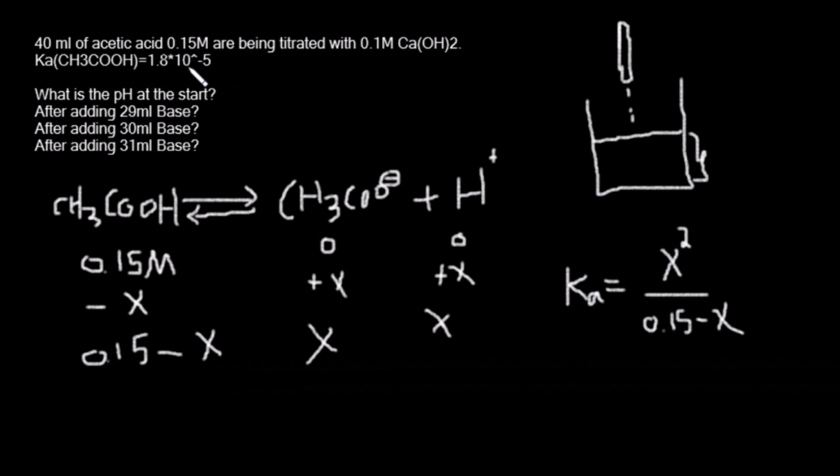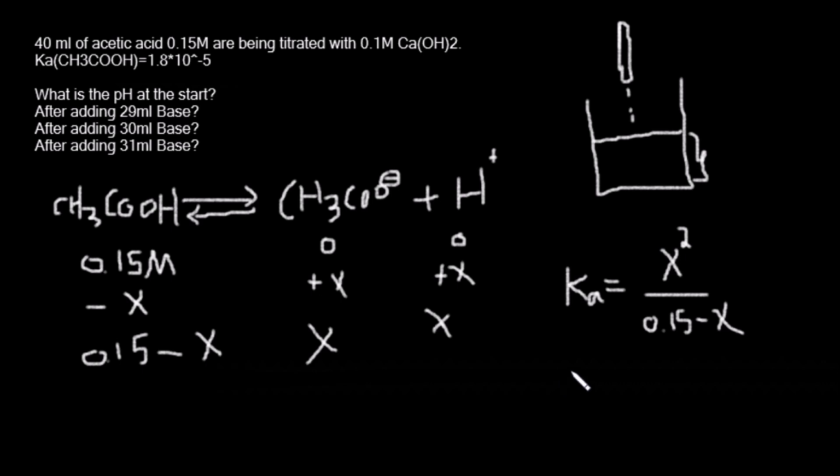Small could be smaller than 10 to the minus 5 or minus 4. As you can see, the concentration is 0.15, so it's much larger than the Ka. So X is going to be very small. You can neglect it if the Ka is small.